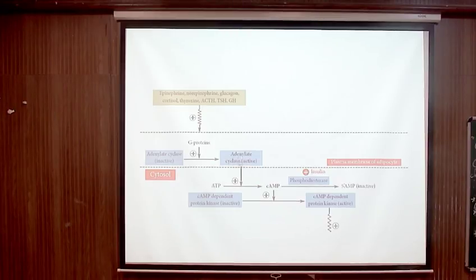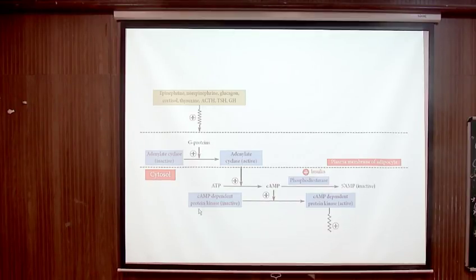This adenylate cyclase will act on ATP, and what is formed? Cyclic AMP is formed. This cyclic AMP will activate the inactive protein kinases, and these protein kinases will again activate the hormone sensitive lipase, which means hormone sensitive lipase, the enzyme which causes lipolysis, is active in the phosphorylated form.